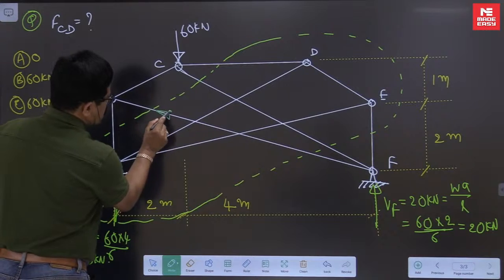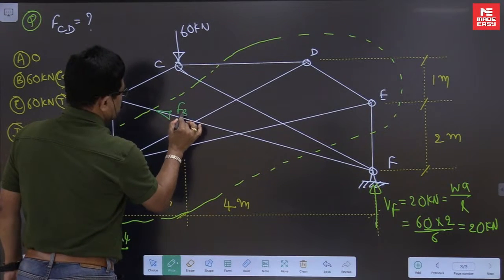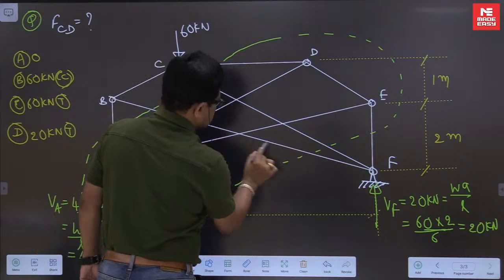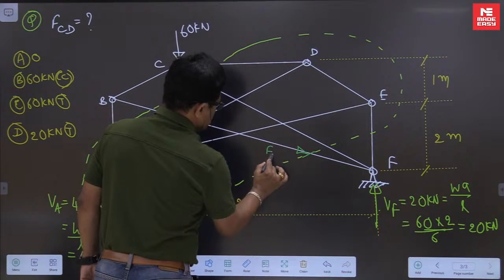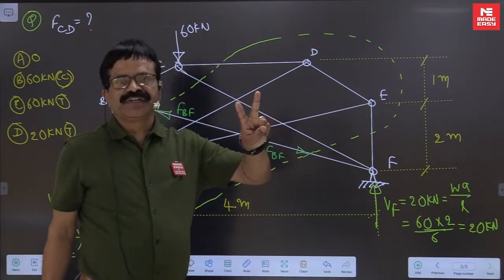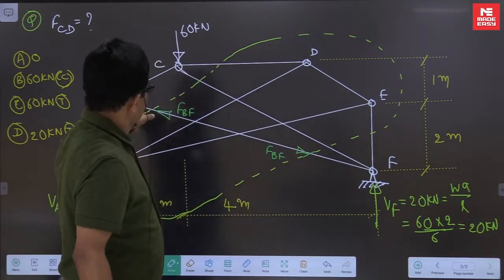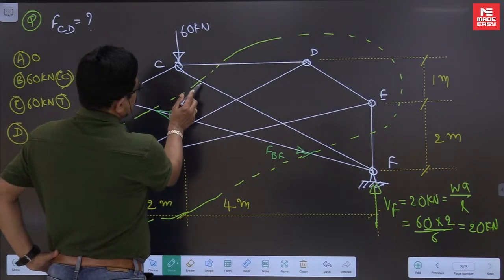Since you are cutting this, what this is doing on this is the force in the member BF. It's cutting here also. So towards the joint means force in the member BF. I am cutting the same member BF at two locations. But the forces I have shown here and here, they get balanced. They don't come into the picture at all. Take this one.